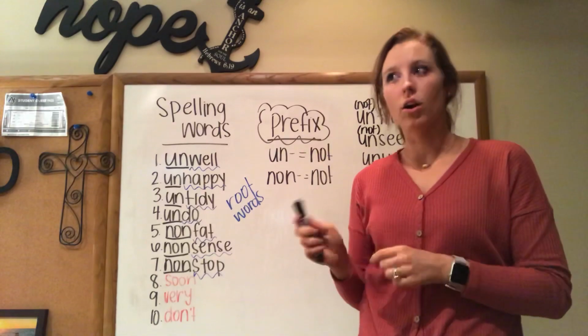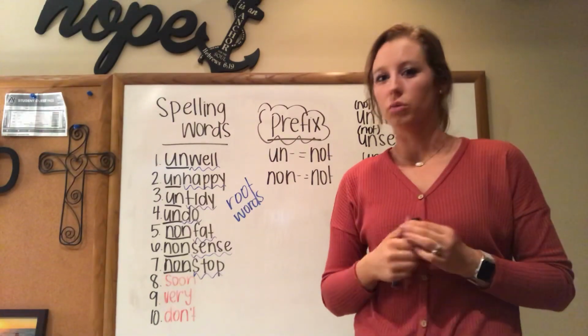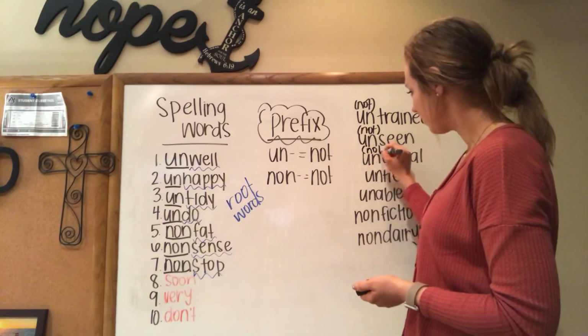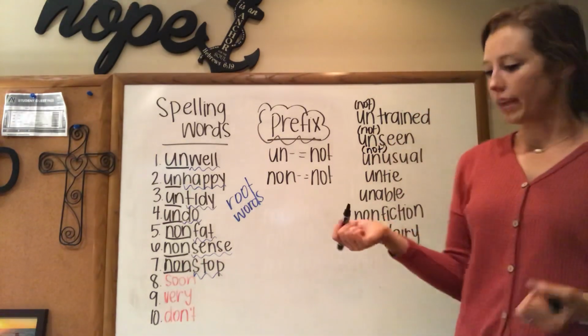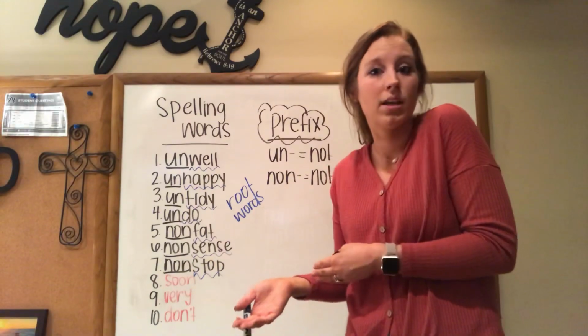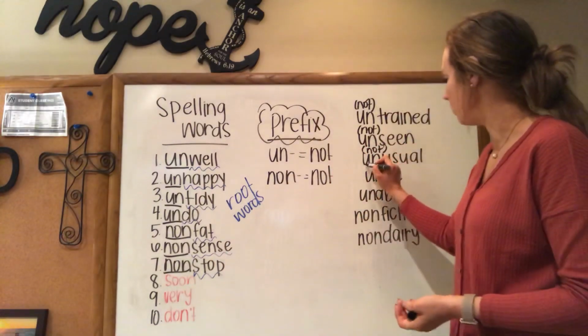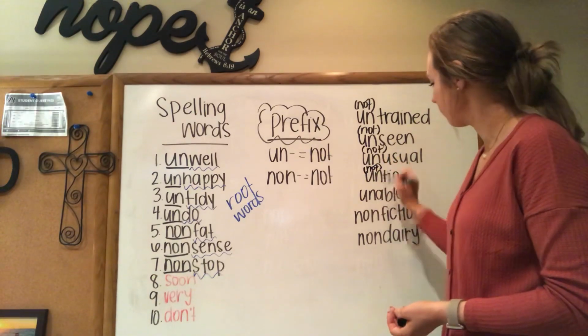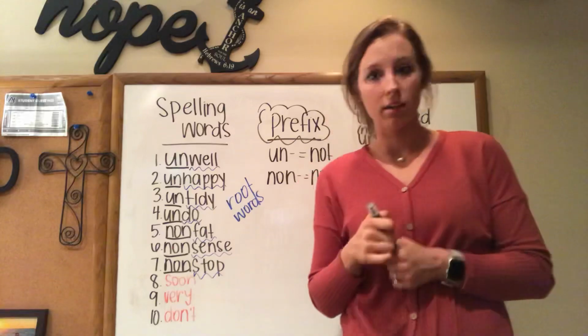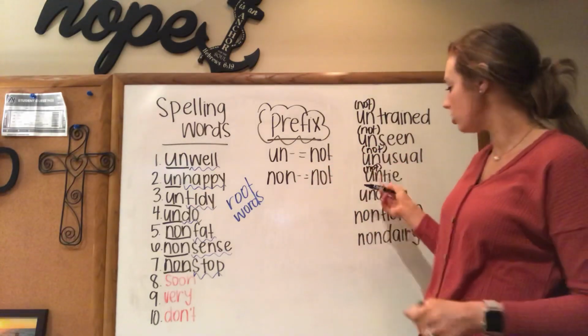That spider on the wall is very unusual. It's not usual. You probably don't see it every day. Untie. I'm going to untie my shoes. I'm not tying them, so I'm untying them. Unable. If I'm unable to log on to iReady, that means you're not able. You just can't do it.